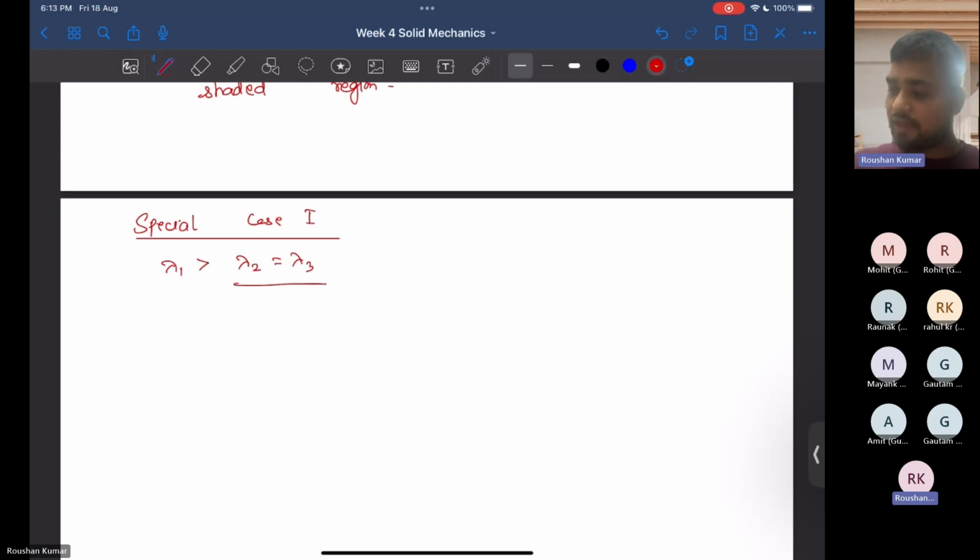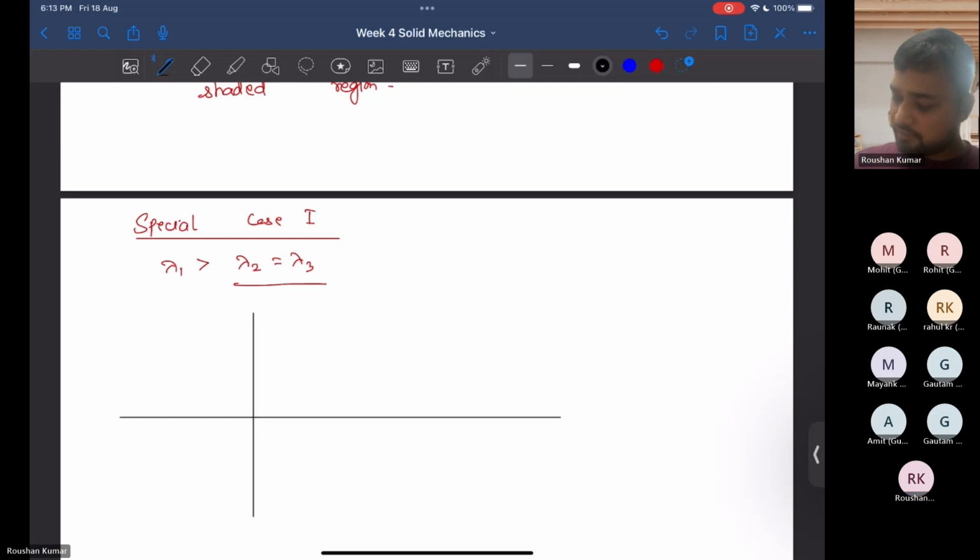So in this case, what happens to the Mohr circle? I will draw the Mohr circle corresponding to this state. Here we know that lambda2 and lambda3 are equal, so we can point anywhere here, and lambda1 is greater than lambda2 and lambda3, so suppose lambda1 lies here, and lambda2 and lambda3 are here.